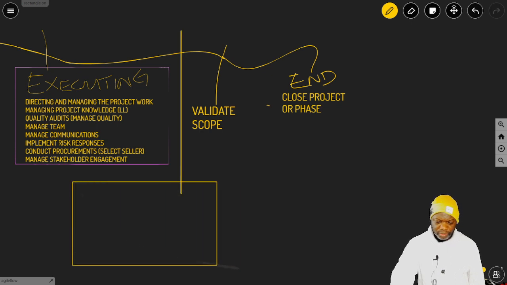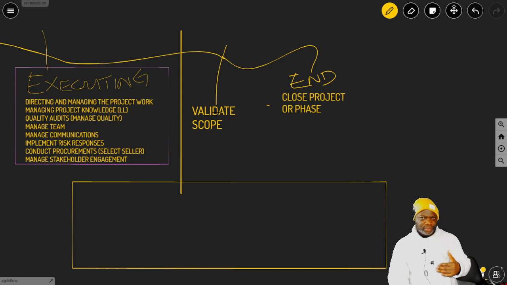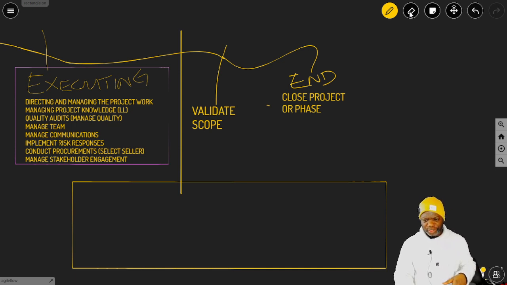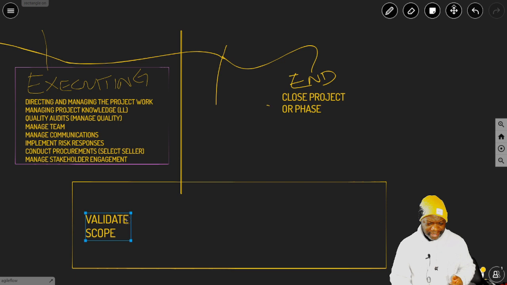And we're going to have a big old box for monitoring and controlling. Validate scope is part of monitoring and controlling. So we're going to sneak this into this box for clarity's sake, right? So validate scope is a piece of monitoring and controlling, but you're going to see how it all unfolds eventually, okay?